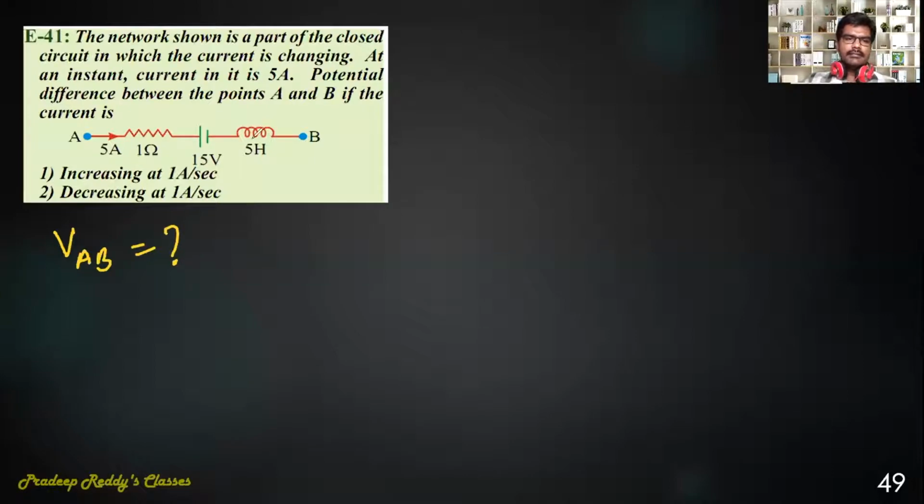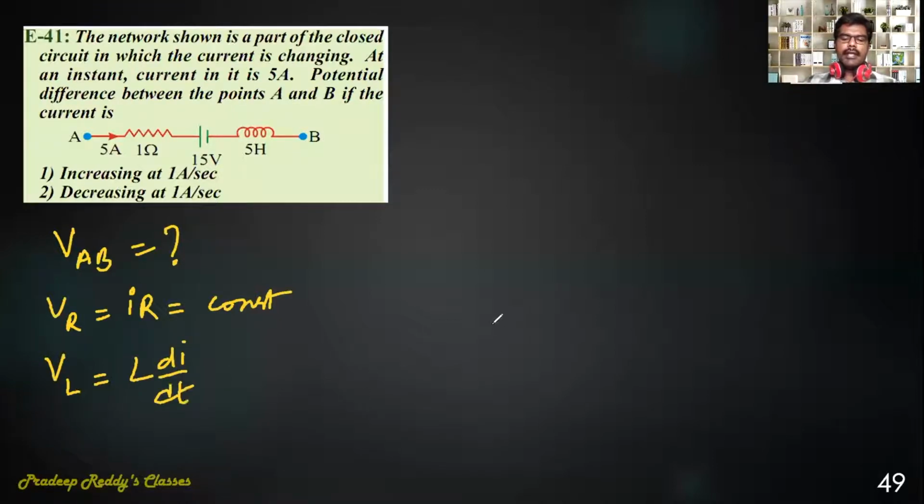In the inductor, I can write voltage through resistor is equal to I into R, which is of course constant. Whereas voltage through inductor is equal to L into di by dt, which is the variable current. So in the first case, that current is increasing at 1 ampere per second.